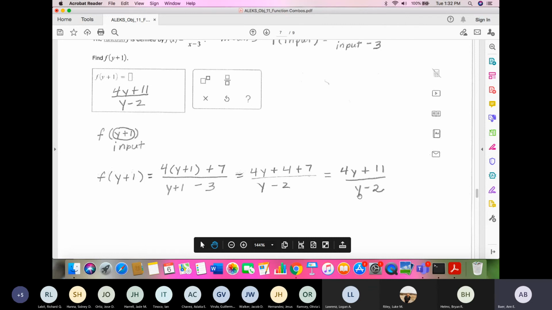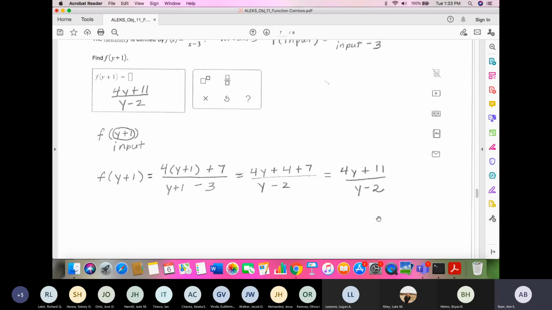I cannot cancel those y's. They're participating in terms. Terms are added. If you wanted to see if you could cancel those y's, what you could do is put a number in for y. What if we put 1 in for y? Let's say we could cancel those y's and get 4 plus a negative 11 halves.